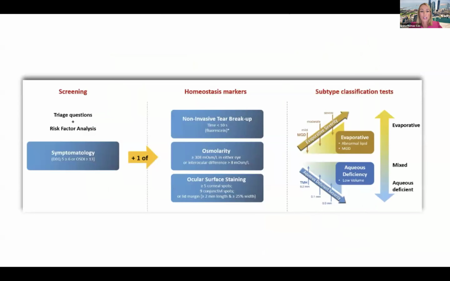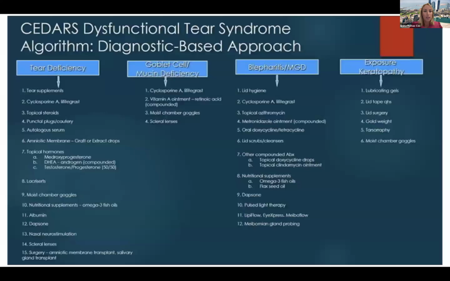If dry eye disease is ruled in, then the second step is to identify a primary subtype. Is it evaporative, aqueous deficient, or a mixed spectrum? And to do so, we have to do some additional tests like meibomian gland imaging, measuring lipid layer thickness, or tear meniscus height. This is another algorithm, which was proposed in 2017 by the Cornea External Disease and Refractive Society, which also gives recommendations for dry eye management.